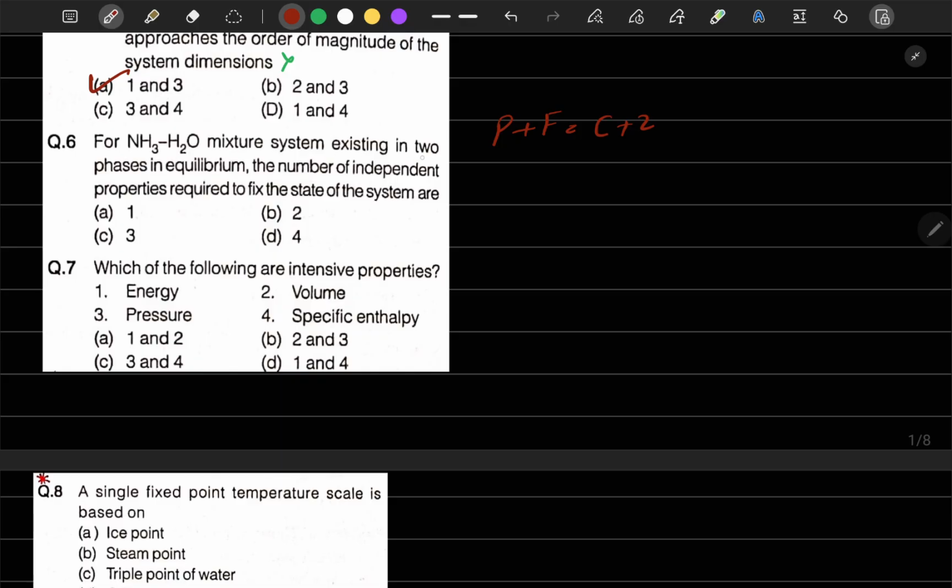It is mentioned that there are two phases in equilibrium. We have to calculate F, where C is the number of components, NH3 and water, so two components, plus 2. So we get F equal to 2. So we require a minimum of two independent properties to fix the state of the system.